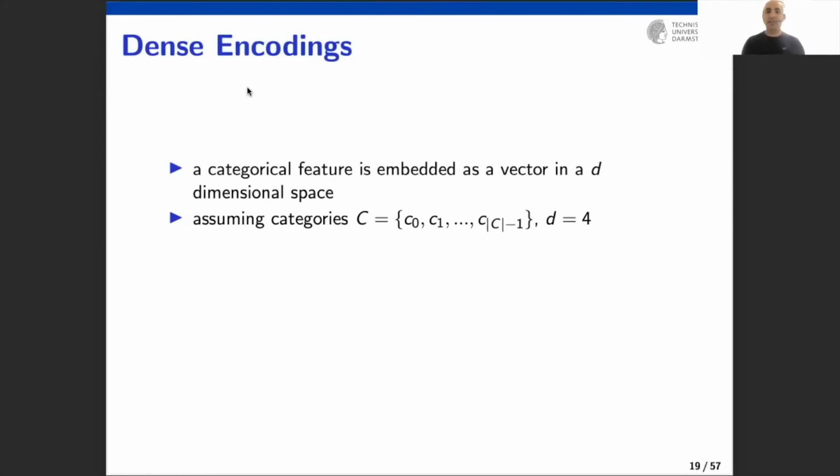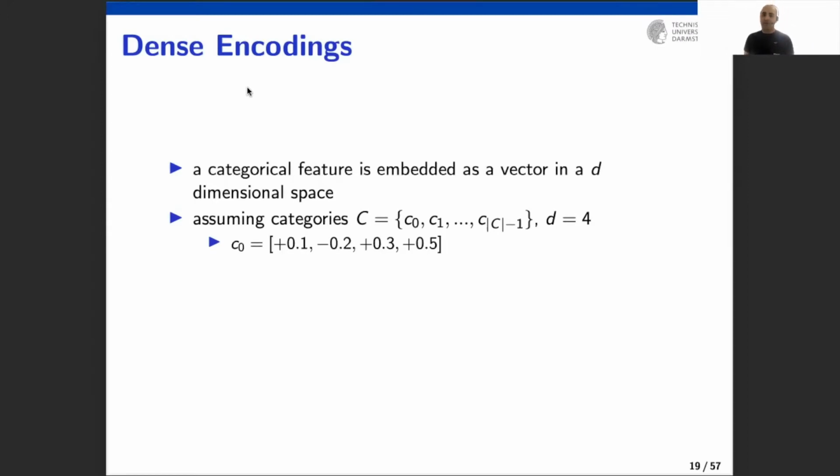So assuming categories C0, C1 to Cn, given the number of categories that we have in the set, the dimension of the vector representation of each category can be limited to any size that you want. So it can be 4. It doesn't necessarily need to be the number of categories that we have. It can be any smaller value.